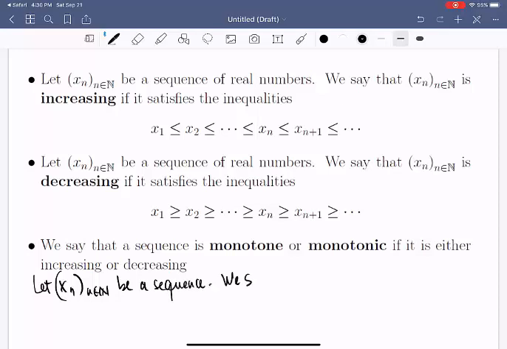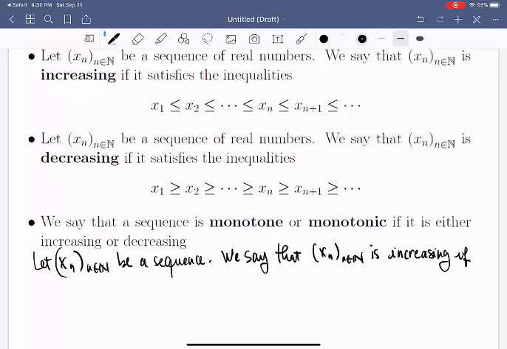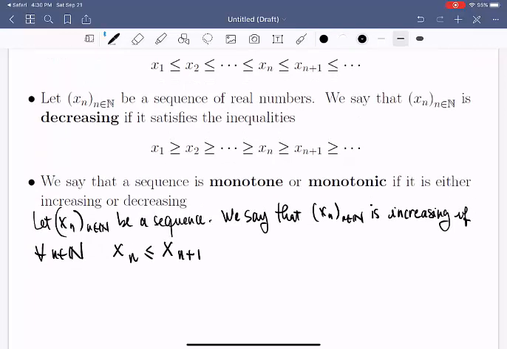We say that xn is increasing if for any natural number n, xn is always less or equal to xn plus 1.